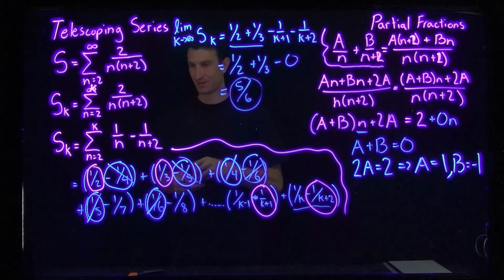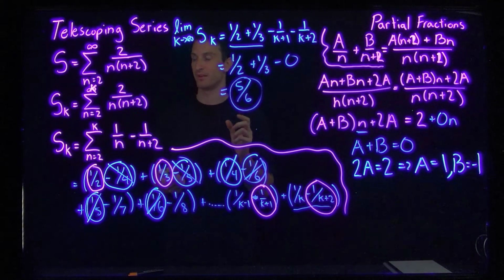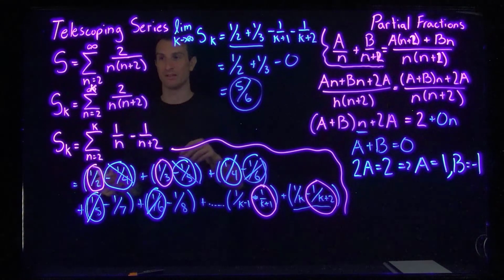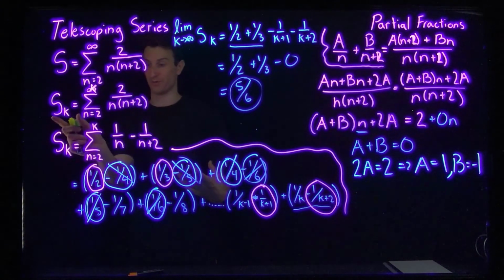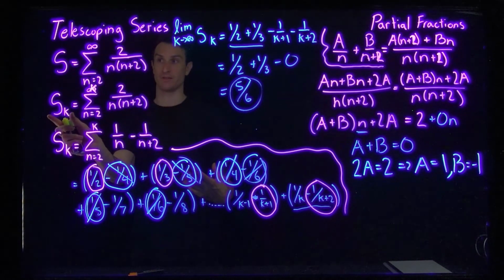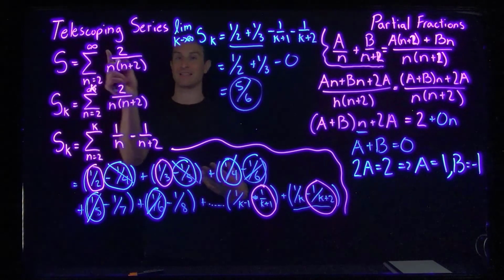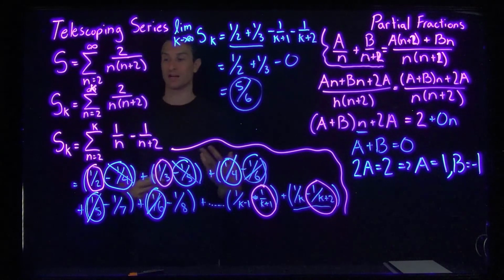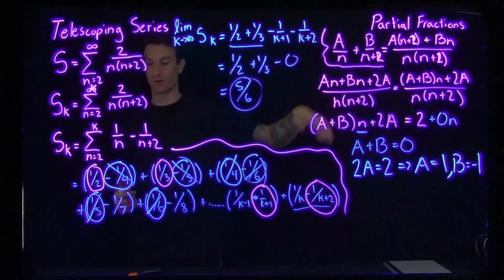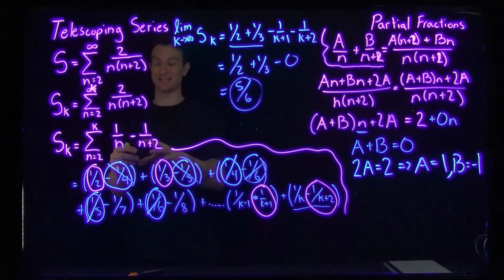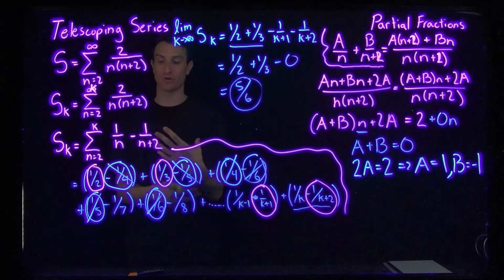So again, that seems to be our common thing when we have that value of infinity. How do we sidestep it? Well, let's place some arbitrary value k, which for us would be our partial sums. Then we take the limit as k goes to infinity to approximate that value. In this case, the hard part was the partial fractions. Once we get to this, it's about identifying that this is a telescoping series.